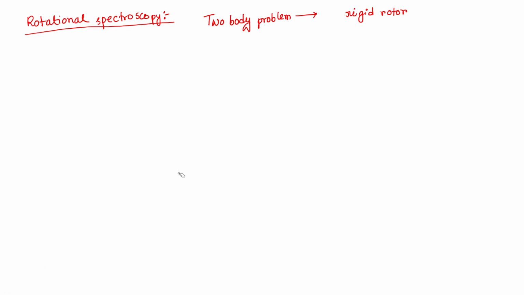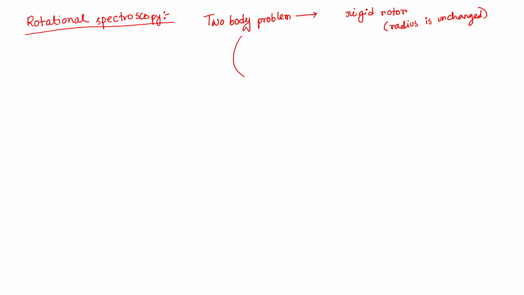So what is a rigid rotor? In a rigid rotor, the radius is unchanged, but calculation with a two body problem is problematic.